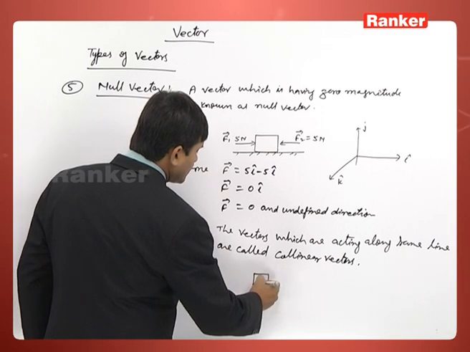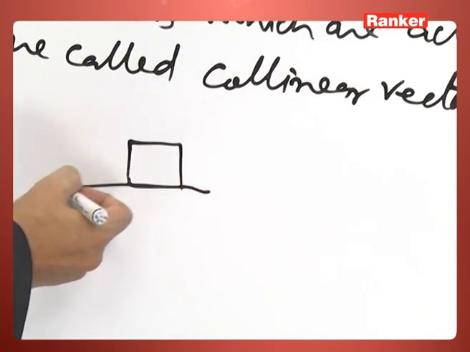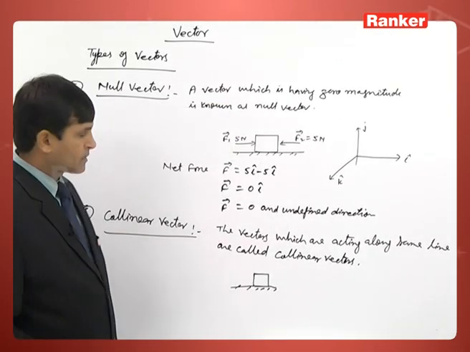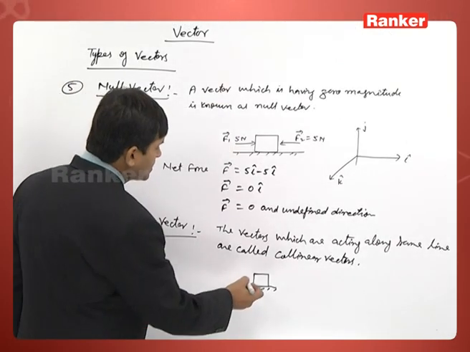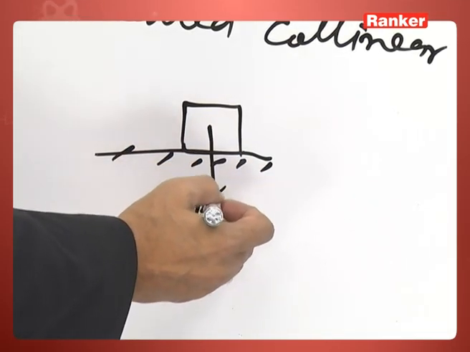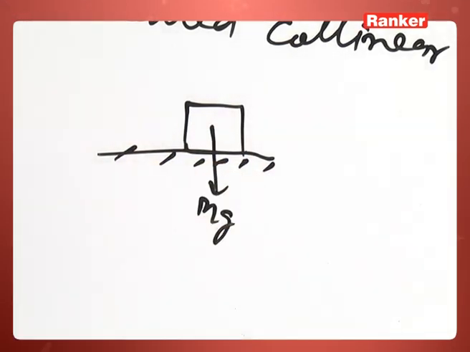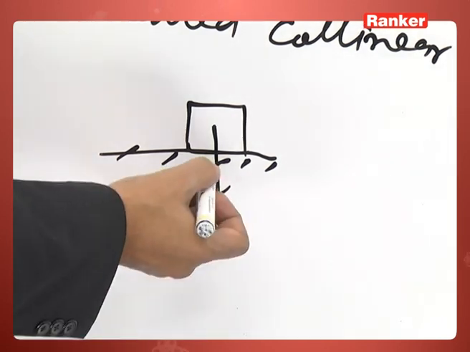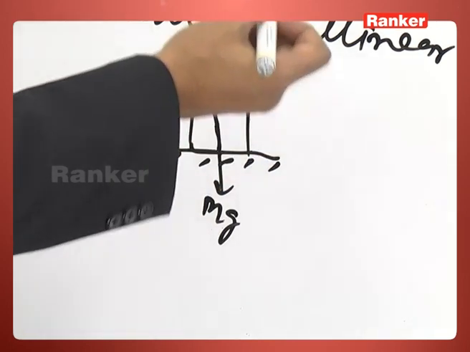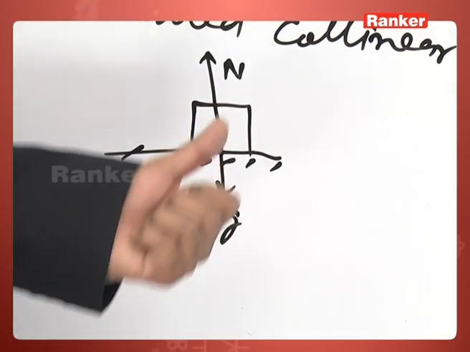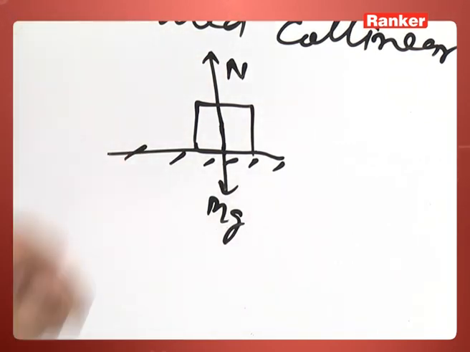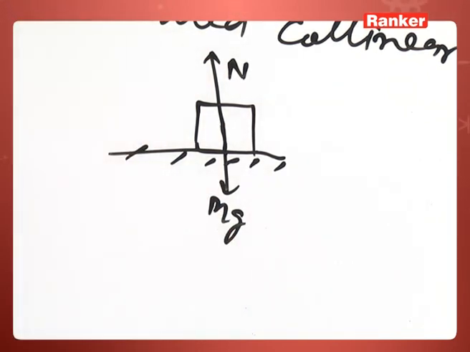For example, let this be a body kept on a horizontal surface. In this body, if we observe the forces, one force is applied by gravity, that is mg, and another force by the surface, that is called normal. This normal force and gravity force are both acting along the same line, so these are called collinear vectors.